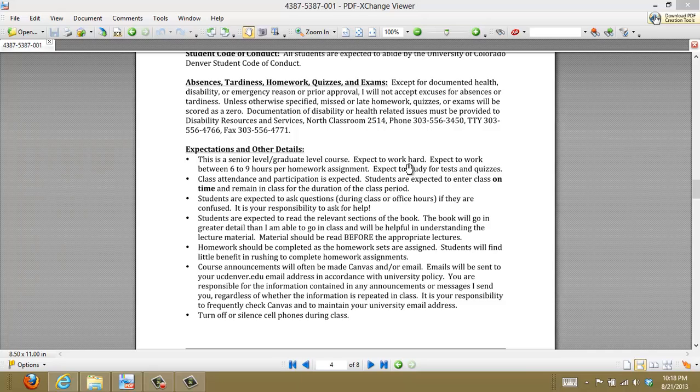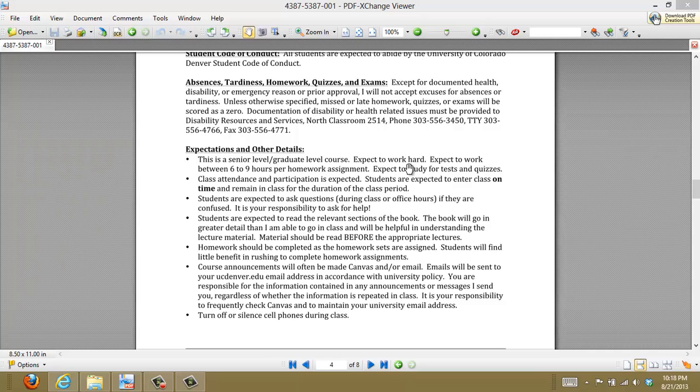Another tip that I suggest for helping you to be successful in this class is to make sure that you complete the homework as the homework sets are assigned. What I mean is, don't wait until the last minute to do your homework and turn it in. Certainly, it's better to turn it in right before the deadline than to not turn it in at all.